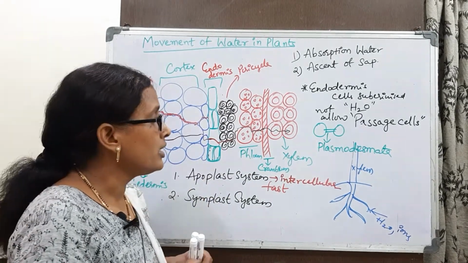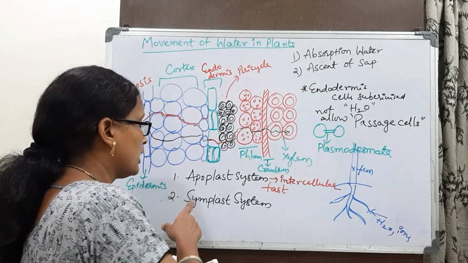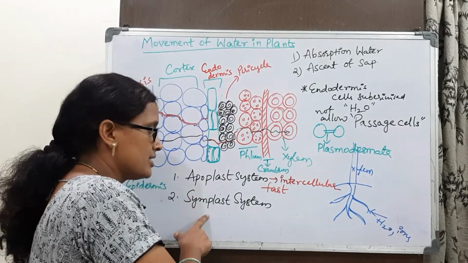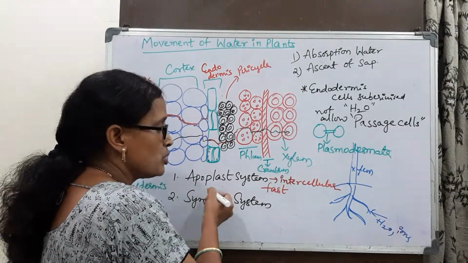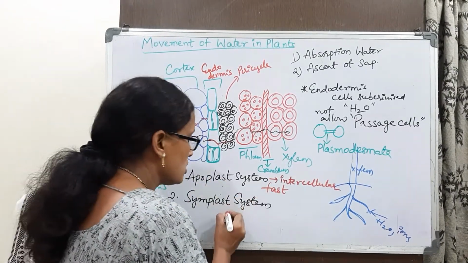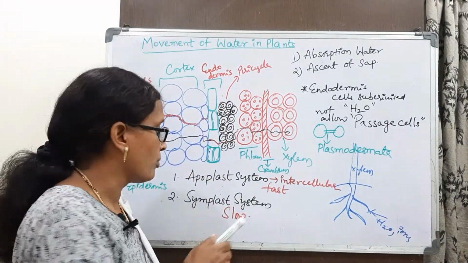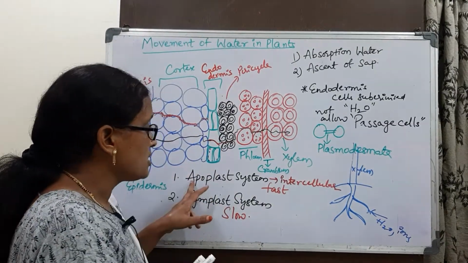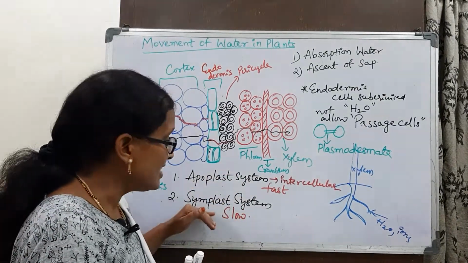So water transportation pathways are of two types, apoplast and symplast. When compared, transportation of water in the apoplast is fast, and the symplast is a somewhat slower process. For apoplast, remember it is through the adjacent cell walls.